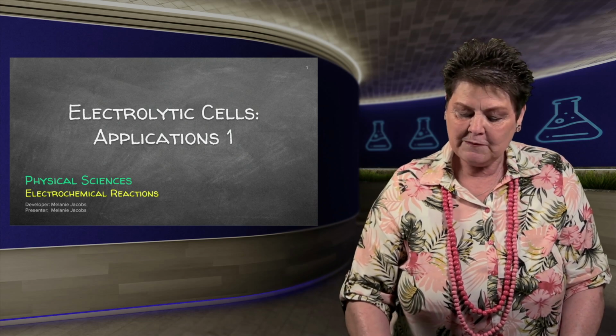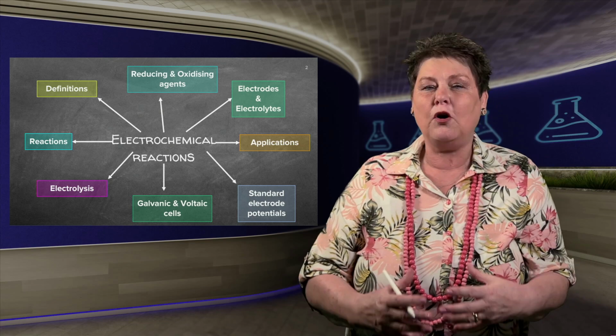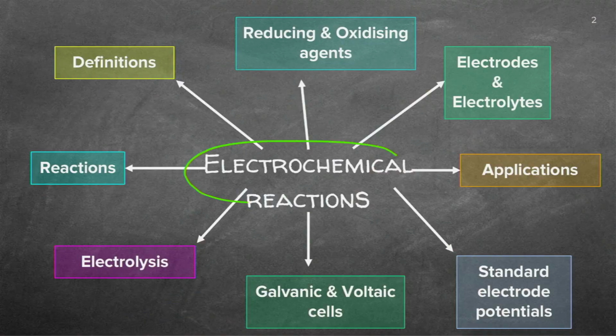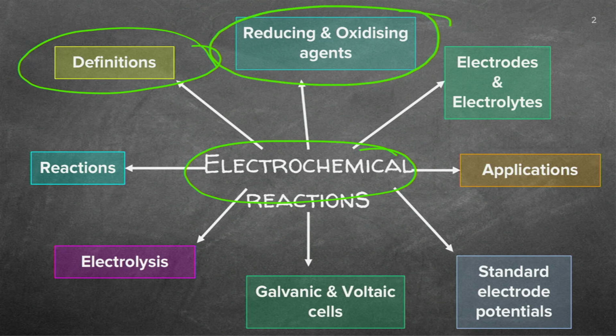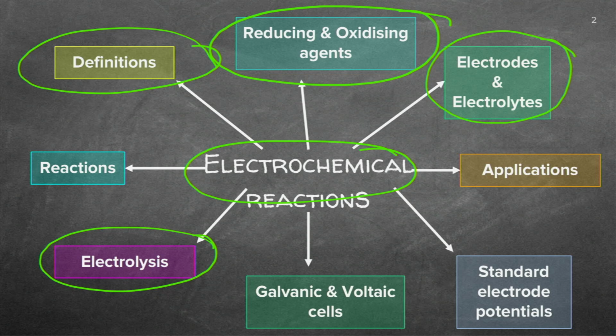So firstly, just to give you a map of where we're going, we're busy with electrochemistry. We've done the definitions. Remember, oil rig. We said who will be the reducing and oxidizing agents. We've done the electrodes, electrolytes, and we've done electrolysis. The reactions we do with every lesson because it's half reactions.